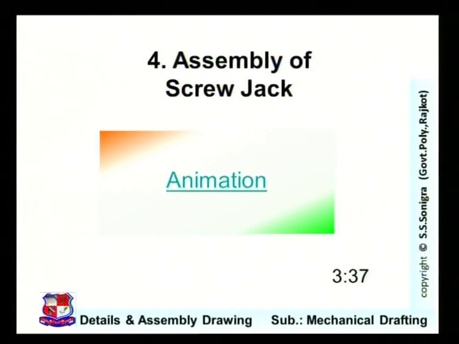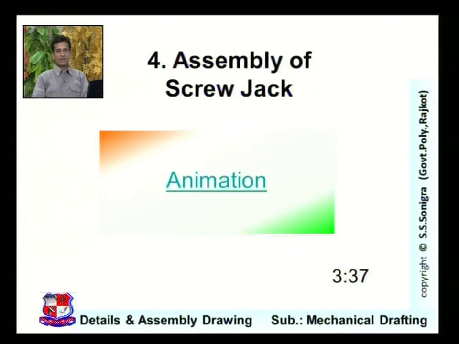In numerous examinations, the assembly of screw jack is asked in the subject of mechanical drafting, and students fail to draw the assembly because they do not know how the relative position of each component is in the screw jack. So first you have to understand what the screw jack is, how it is assembled together, and how all the parts are assembled relative to each other.